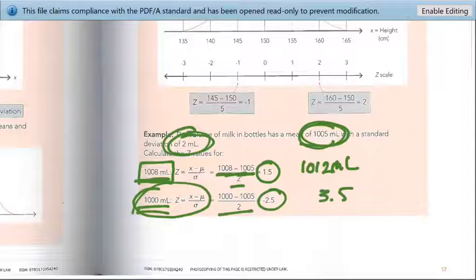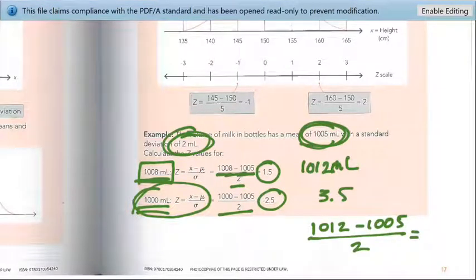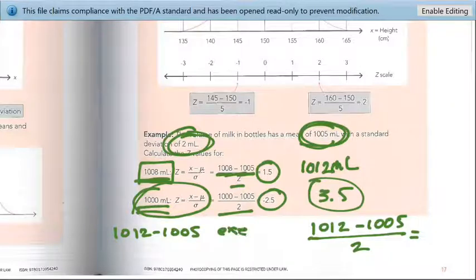Okay. So all we did was take 1,012 minus 1,005 and divide that by 2. Right? And that gives us our Z-score. Is that what you got? Remember to hit execute after you subtract. If you don't, hit 1,012 minus 1,005, execute, and then divided by 2.